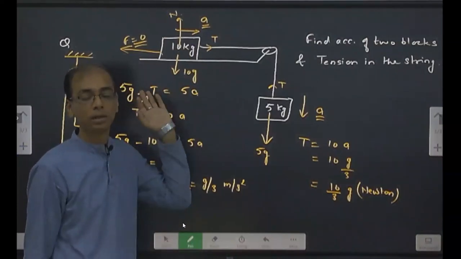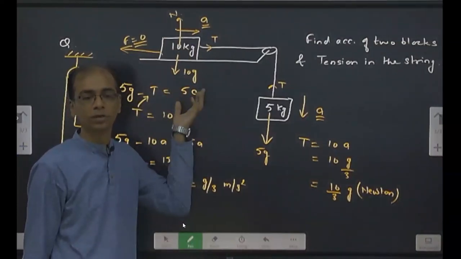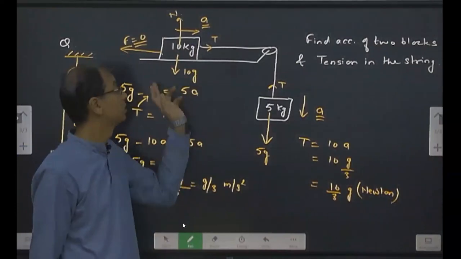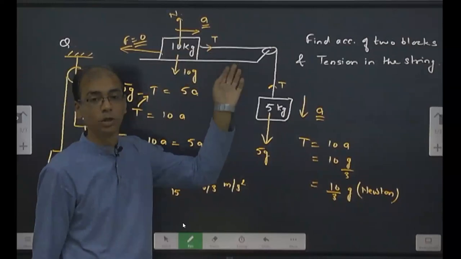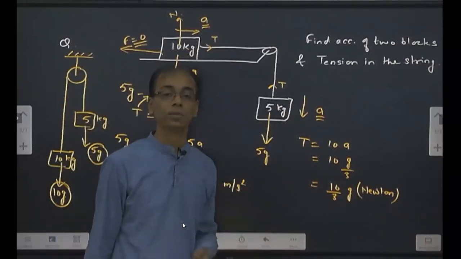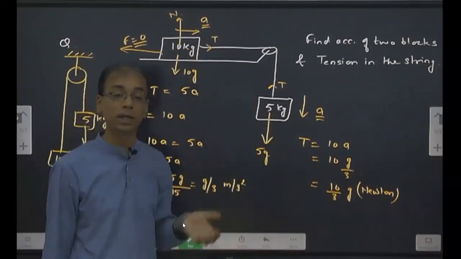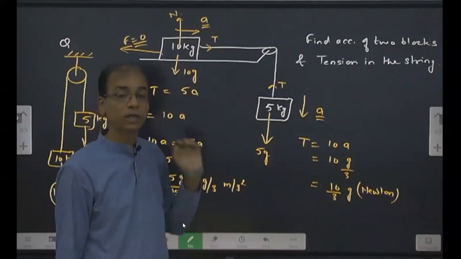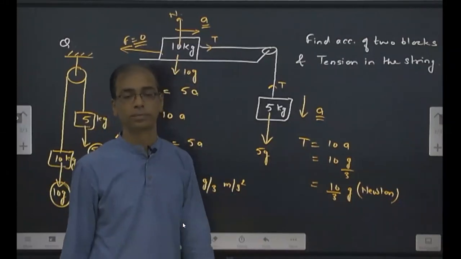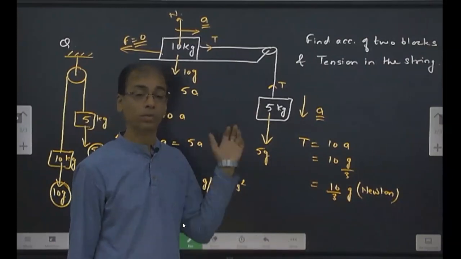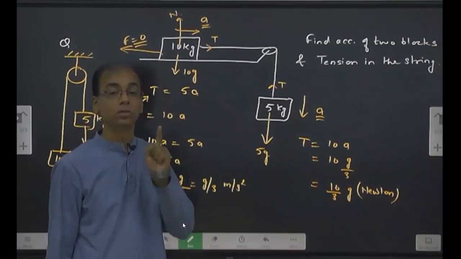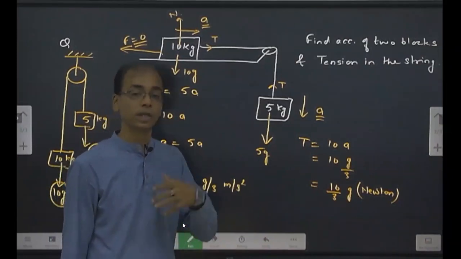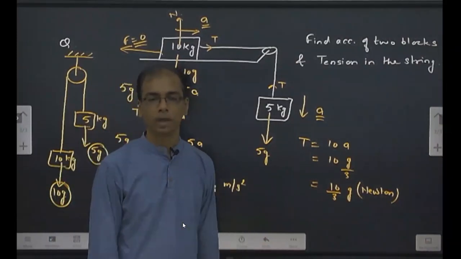But at the moment, no friction, it's a smooth surface. So there is no force which is opposing the motion. So this tension is able to pull it. Not only 10 kg. Even if I keep 100 kg also, that will also move. 1000 kg also will move. A 5 kg block can move 1000 kg also on a smooth surface if it's kept on the table. Understood that?